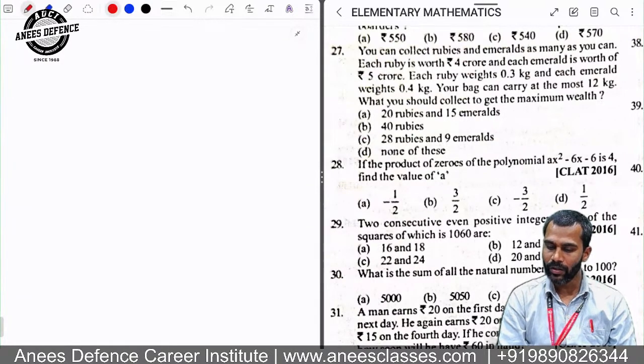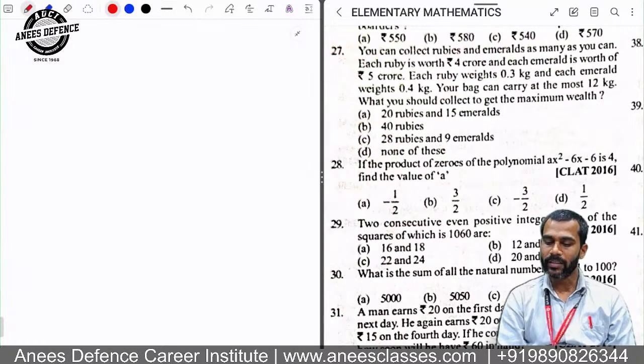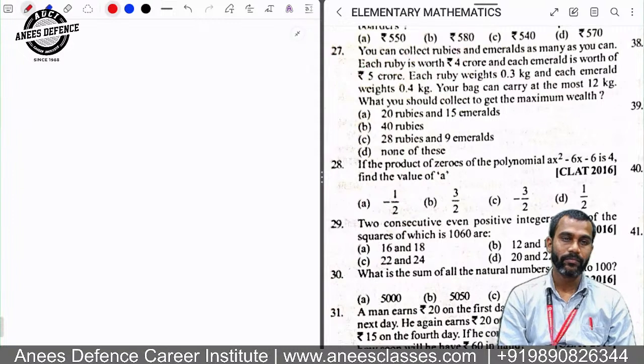And we need to find out the maximum wealth. Or what you should collect to get the maximum wealth. And the total permissible weight is 12 kg.